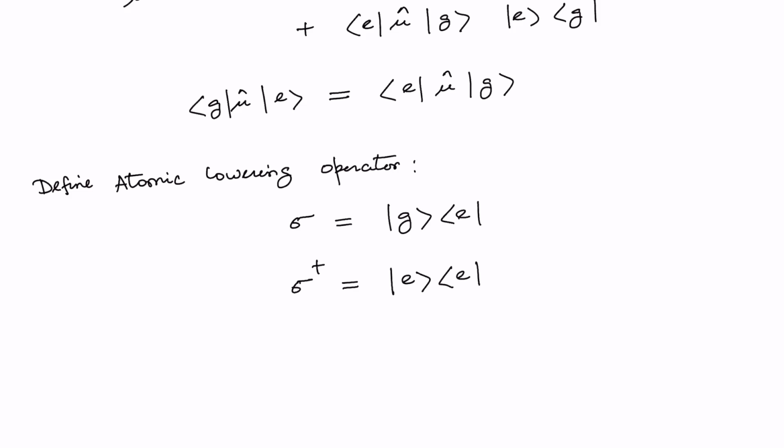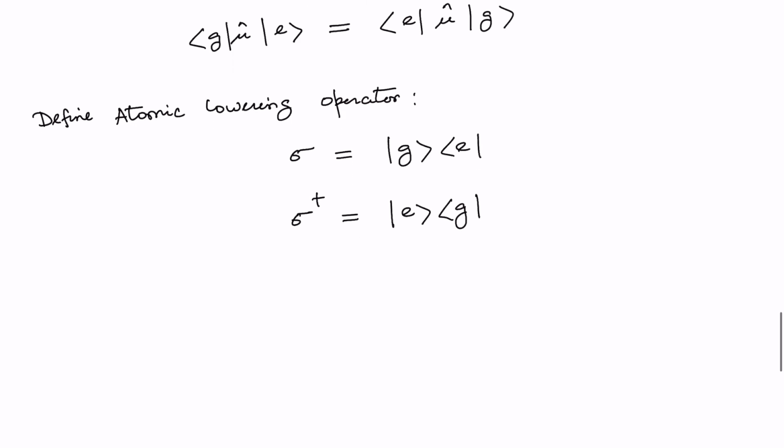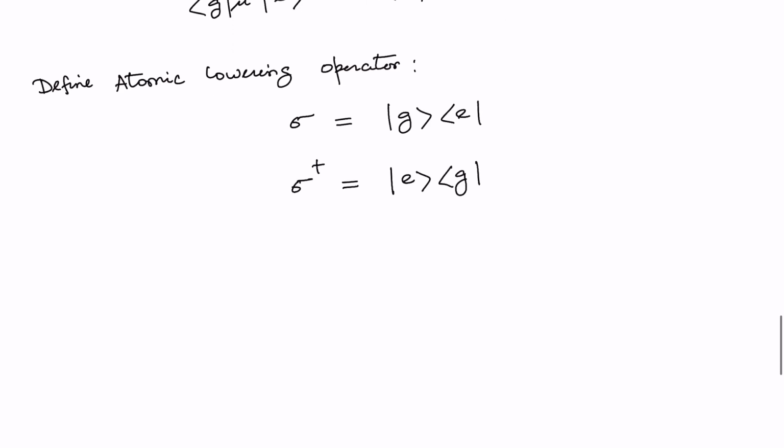So this is what we define, and in terms of this, the atomic dipole moment operator I can now write as μ_ge (σ + σ†).